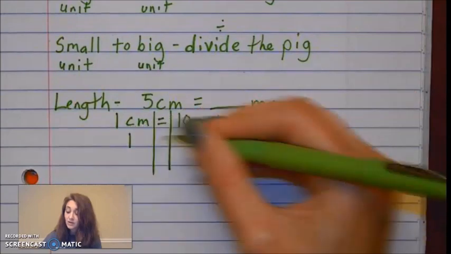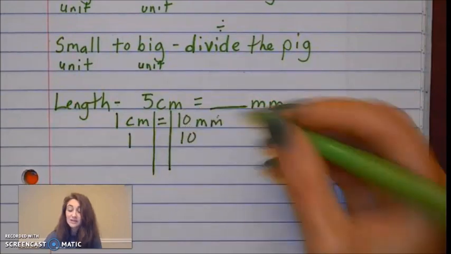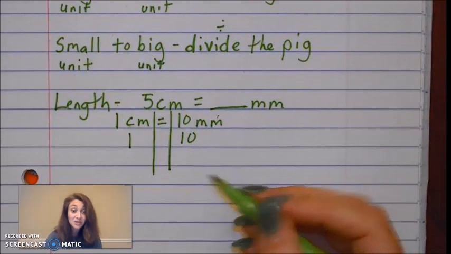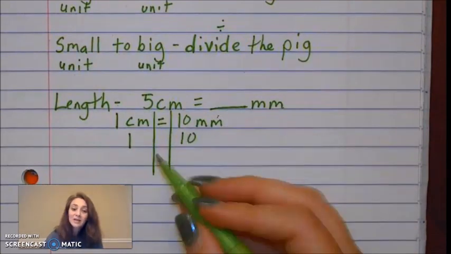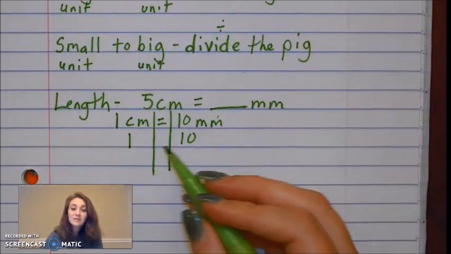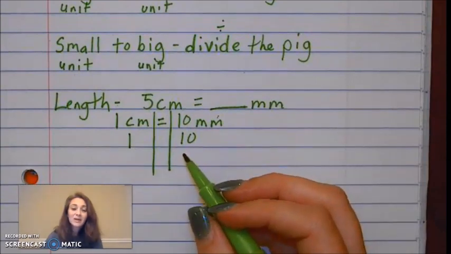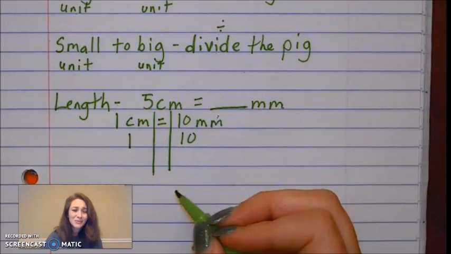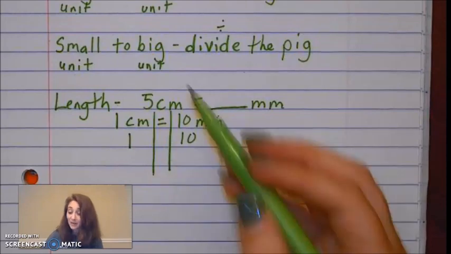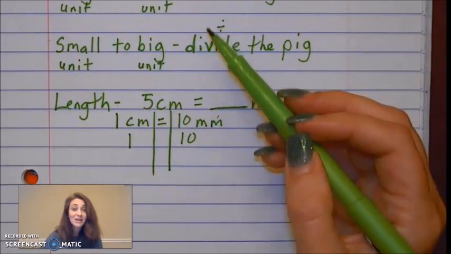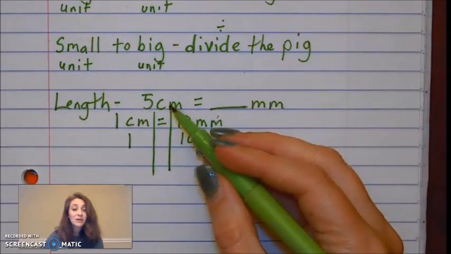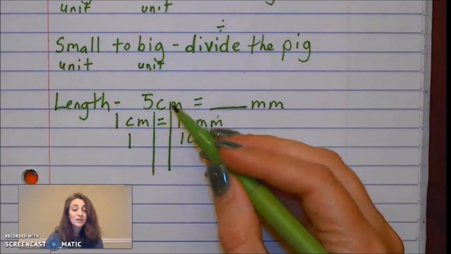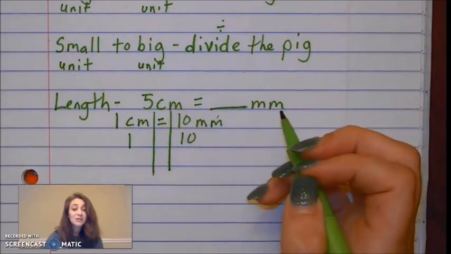So 1 to 10. It looks like an input-output table like we did at the beginning right after Christmas. So how do we get from 1 to 10? Well, we could add 9, but that doesn't work for any of these. We're either going to multiply or divide. Are we going from small to big or big to small? Well, this is our big unit, the centimeter, and millimeter is our small unit.